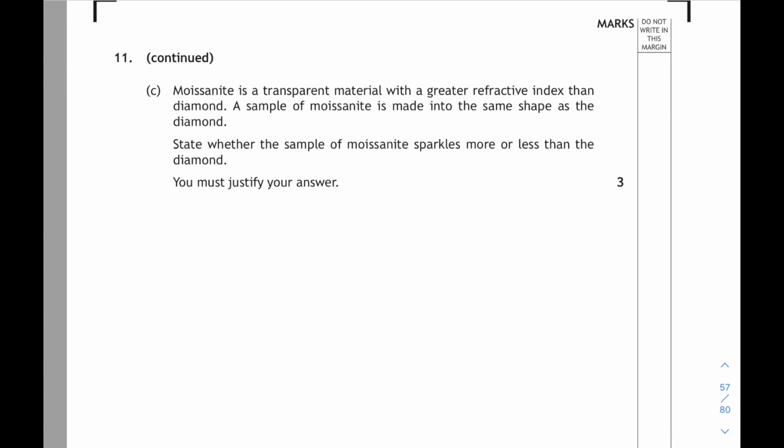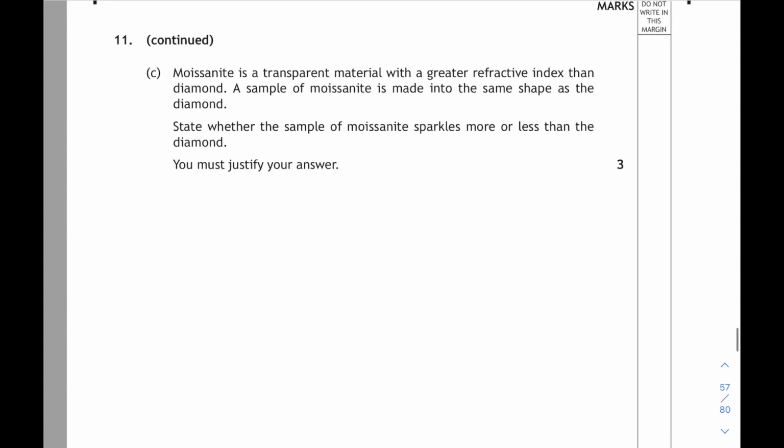So 11 part C, moissanite is a transparent material with a greater refractive index than diamond, and a sample of moissanite is made into the same shape as the diamond. State whether the sample of moissanite sparkles more or less than the diamond, and you must justify your answer. And remember, in a must justify question, you can't get the first mark unless you have a justification to support it.